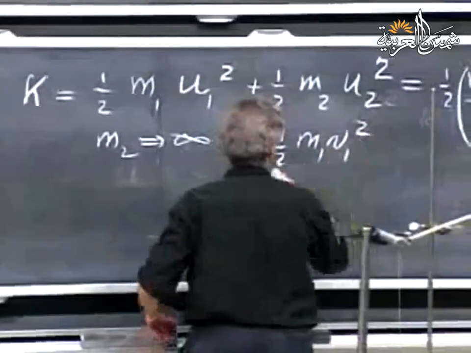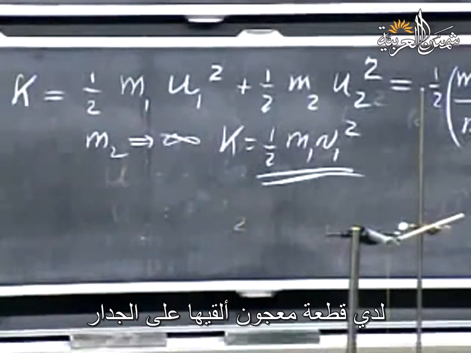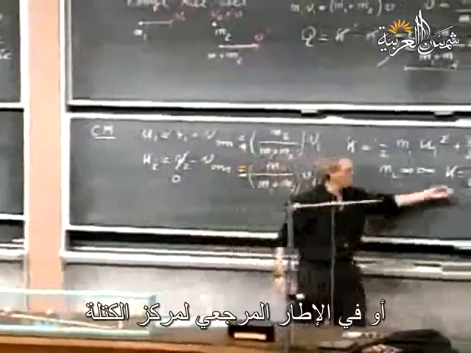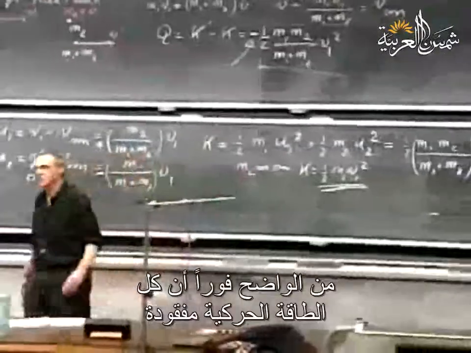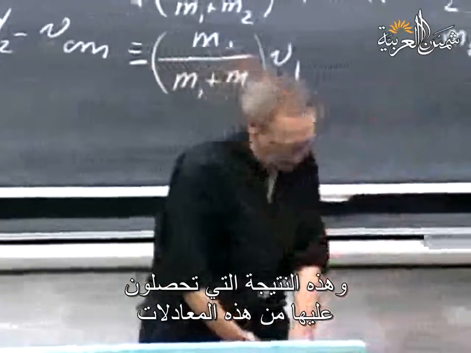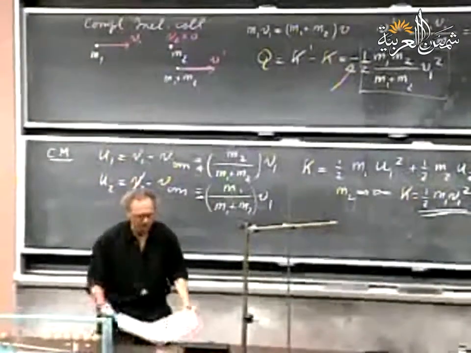And that's obvious, that's completely trivial. I have a piece of putty, I slam it against the wall, it has a certain amount of kinetic energy. Whether you sit in your reference frame or in the reference frame of the center of mass, it's immediately obvious that all the kinetic energy is lost, and that's exactly what you see comes out of these equations, whether you go to the center of mass or whether you do it from the lab frame.